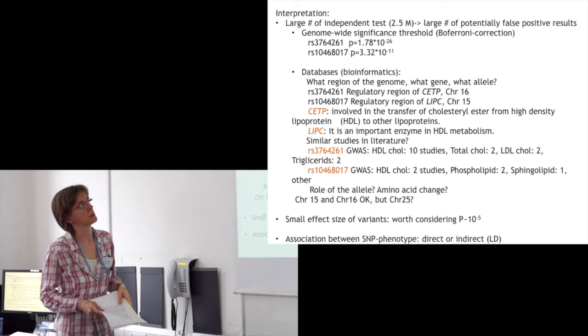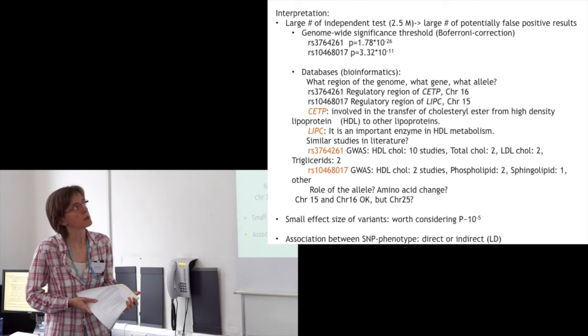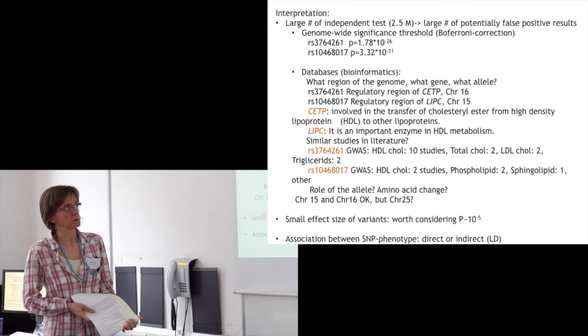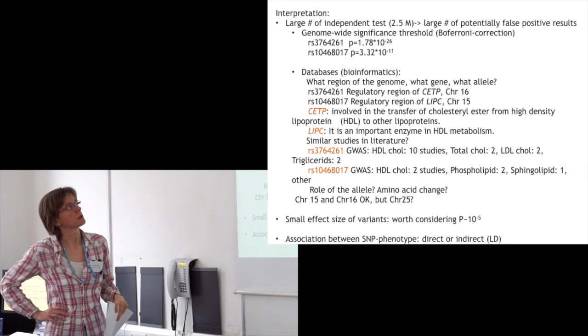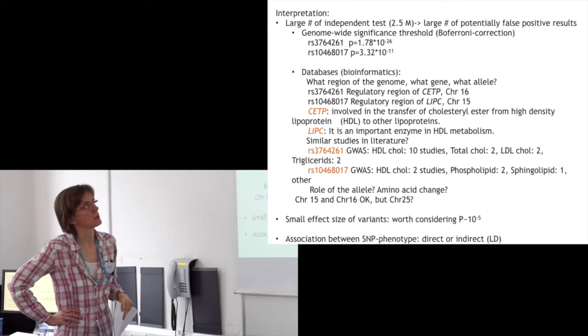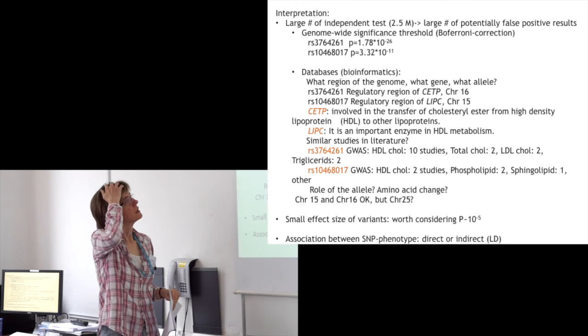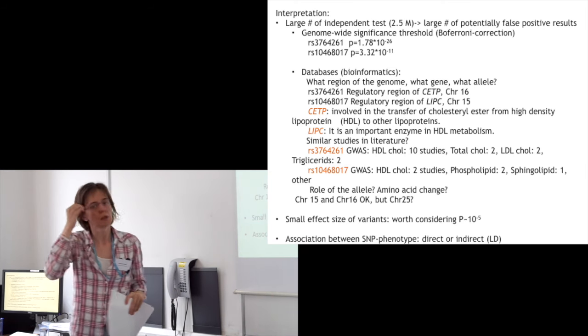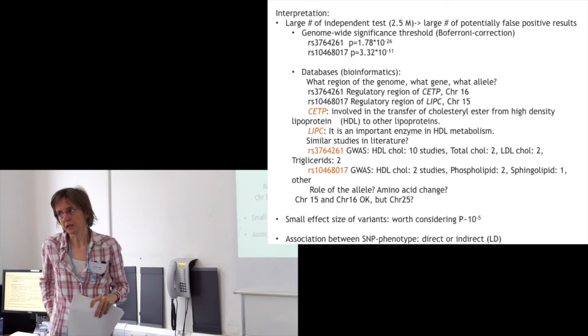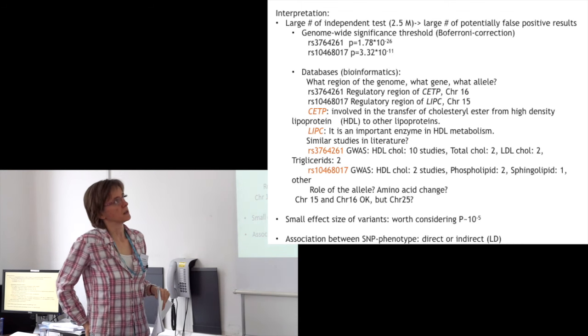Now, how do I interpret all of this? I mentioned this genome-wide significant result. You always have to keep in mind that you are dealing with a large number of SNPs, a large number of independent tests. Therefore, it's very important to set a threshold which we accept as genome-wide significant.